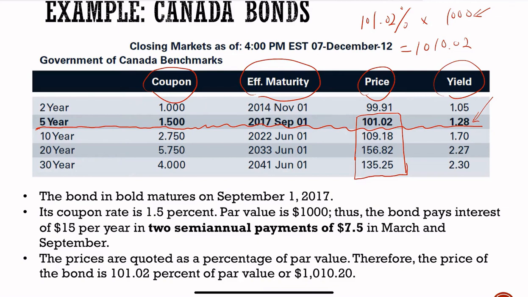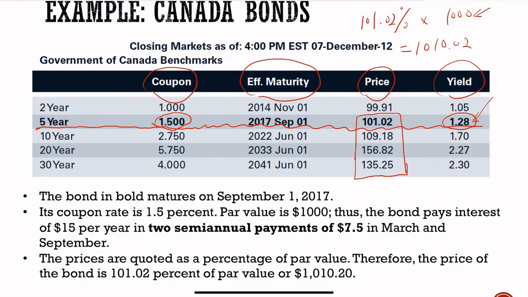Well, the reason is if you compare the coupon rate and the yield. Here you can see that yield is basically the interest rate, and the coupon rate is actually higher than the yield.